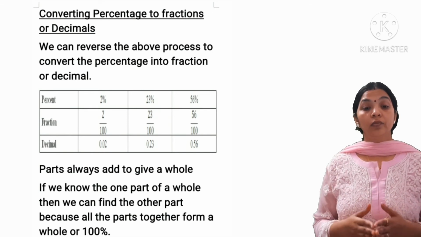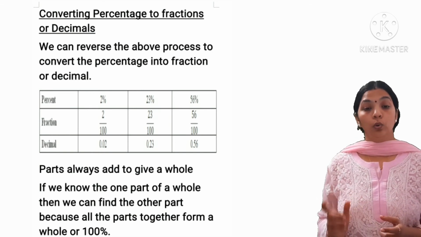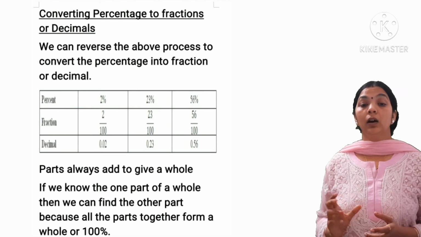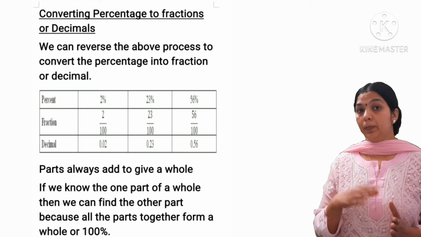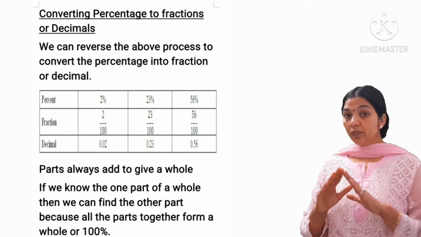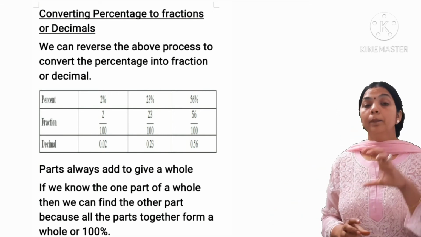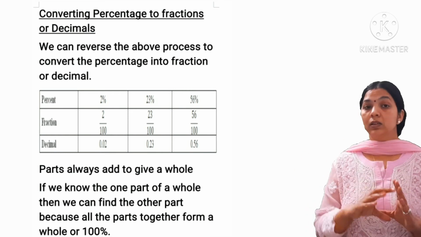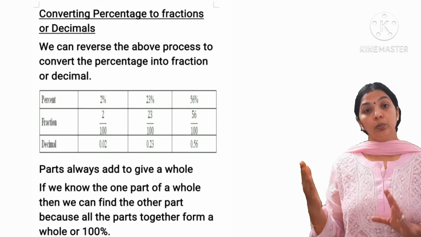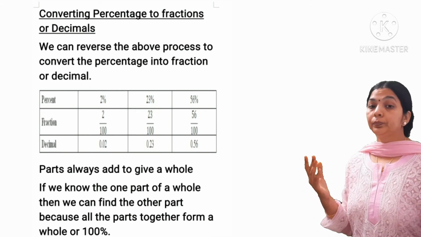So parts always add up to a given whole. Now, if we know one part of a whole, then we can find the other part, because all the parts together form 100%. If some part is given to us, or if the percentage is given to us, we can easily calculate the other part.